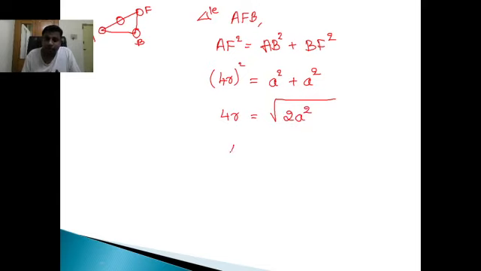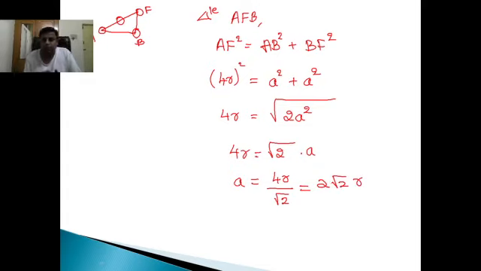So I can just say 4R is equal to square root of 2 into A. Hence A is equal to 4R by root 2, or I can also write it as 2 root 2 R. Hope you know maths. Okay? Yes. We got the edge length.